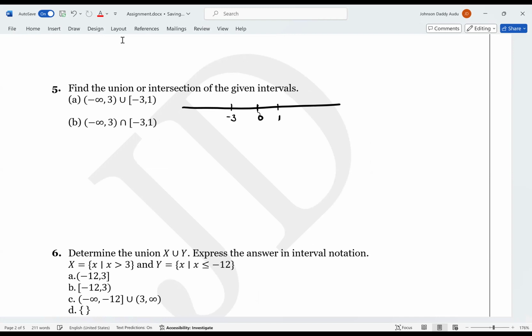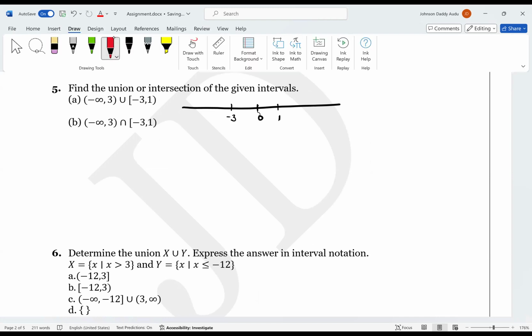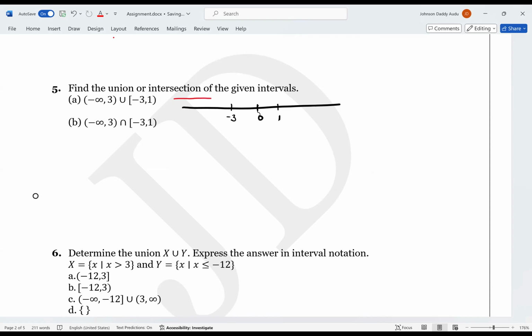So for the first interval, it is from minus infinity, so it means you are coming this way. And then we're going up towards 3. So we need to have 3 somewhere here. So let's say this is 3. And then this is open. So we're done with the first set interval.